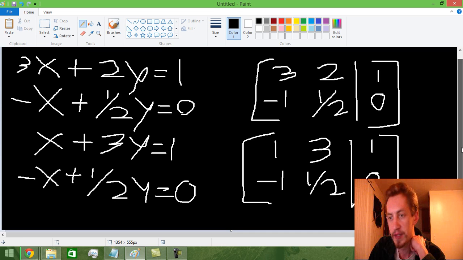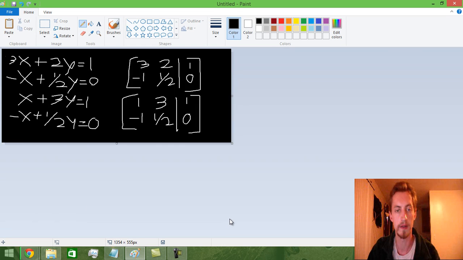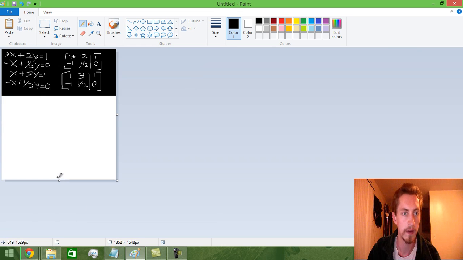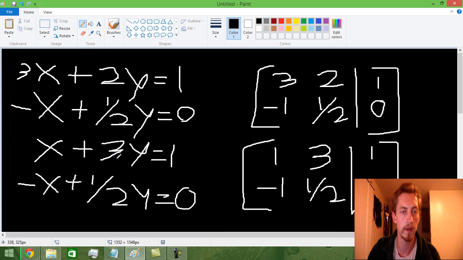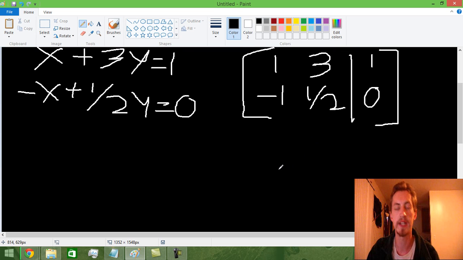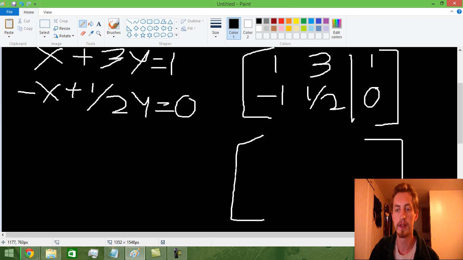Alright, so we scroll down a bit here. The next step is we want this guy to be a 0 because we want everything in the bottom to be in terms of y. So all we have to do is add this line to that line. So what we get in row echelon form, which is, well, we're progressing towards row echelon form. I'll show you what row echelon form is at the end.